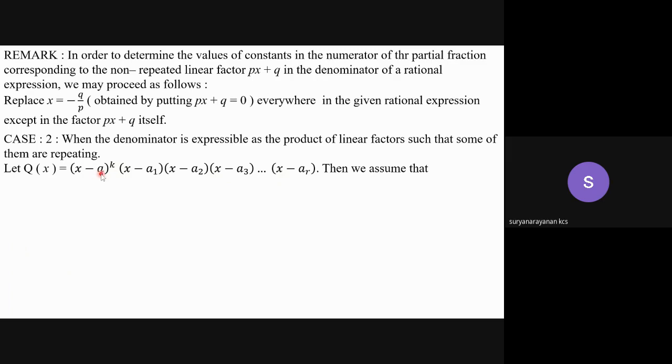Whole square, whole cube, and so on. If whole square is there, then that linear factor is said to be repeated 2 times. If the exponent of the linear factor is 3, that means whole cube is there, then the linear factor is said to be repeated 3 times, and so on.